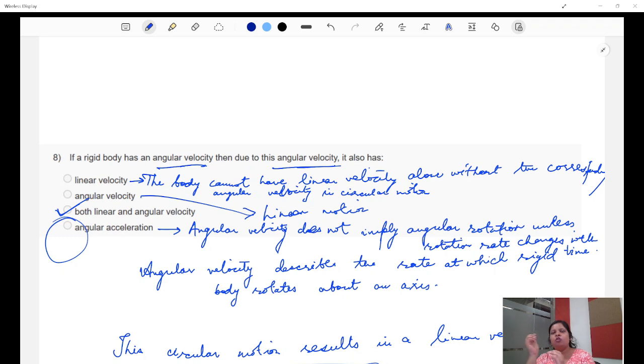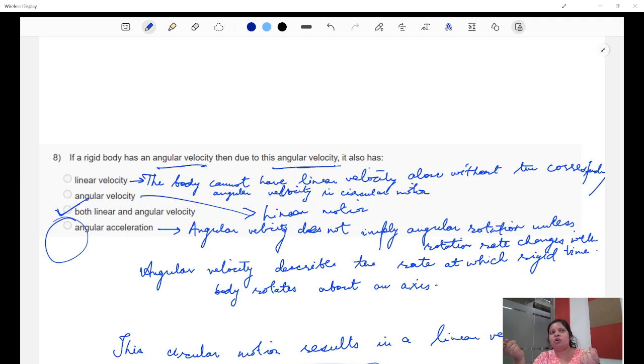Say I am rotating my joint at 2 radians per second. If I change that to 4 radians per second, then again to 2 radians per second, the joint acceleration changes. The change in joint velocity will create angular acceleration, right?